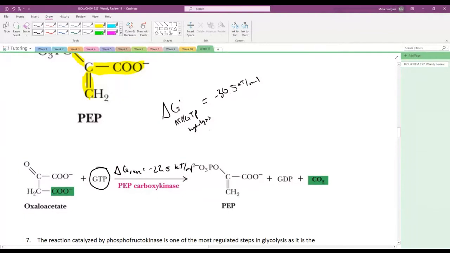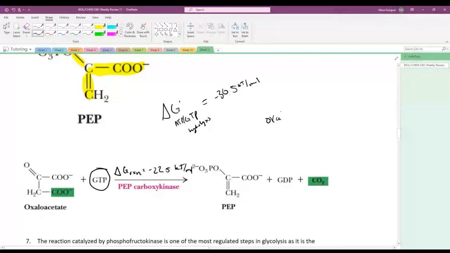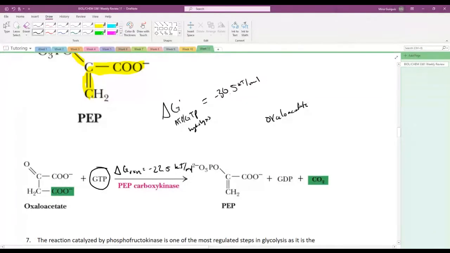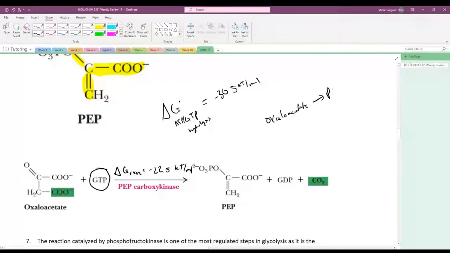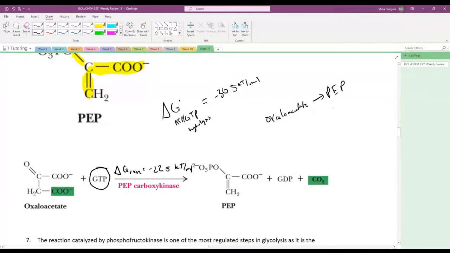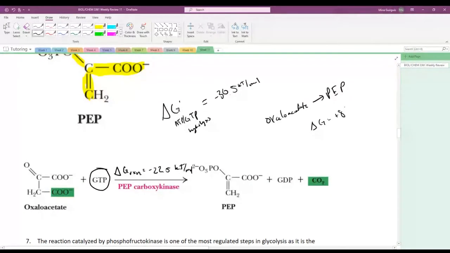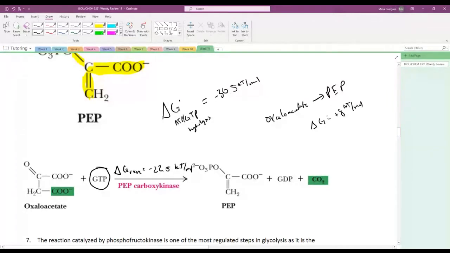In other words, if we were just trying to convert oxaloacetate to PEP without GTP, that would be a delta G of about +8 kilojoules per mole. It would be very non-spontaneous. That's why GTP is here. That's why we have to use this energy, because we need it. Otherwise, it would just be way too non-spontaneous to work.